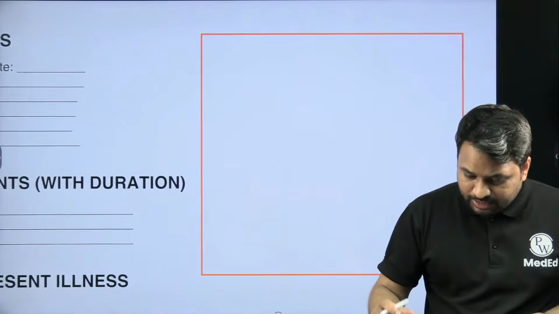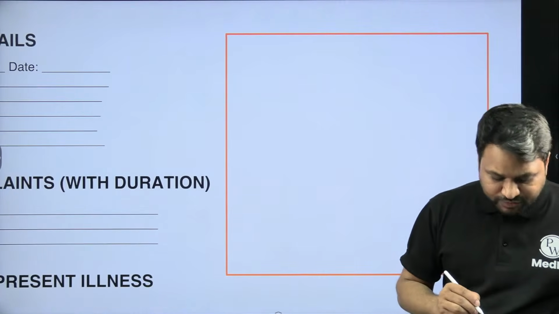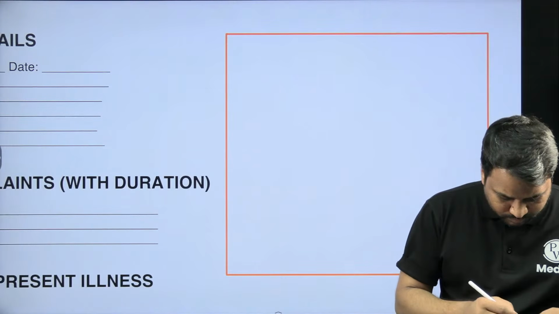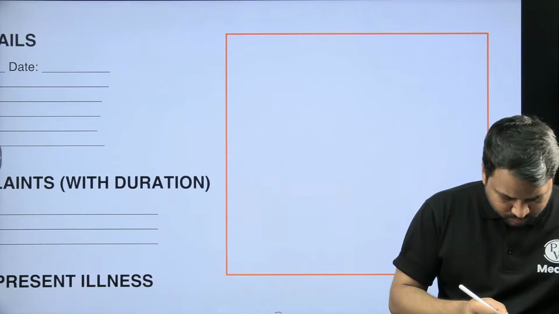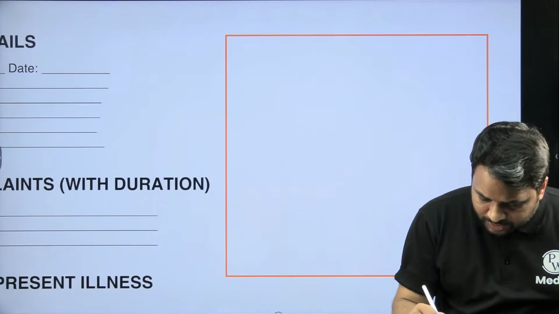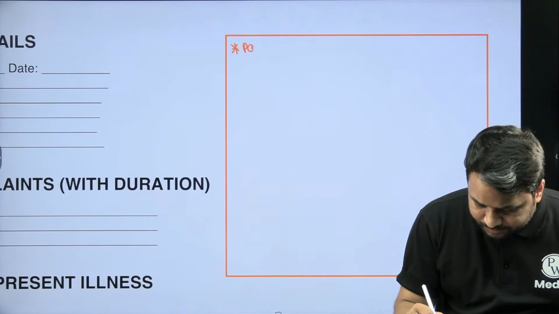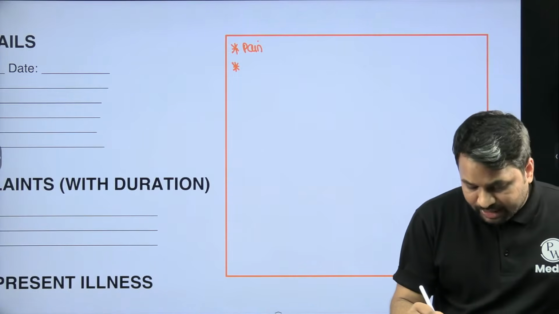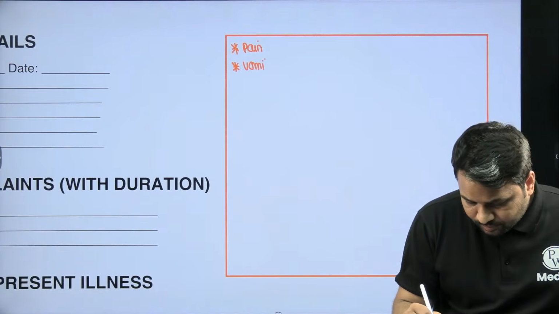So what are the complaints that can come across as chief complaints? Now, the first one is the pain itself. The second chief complaint could be vomiting.